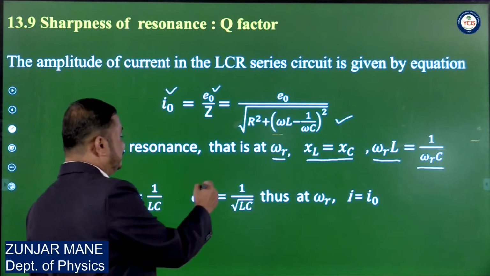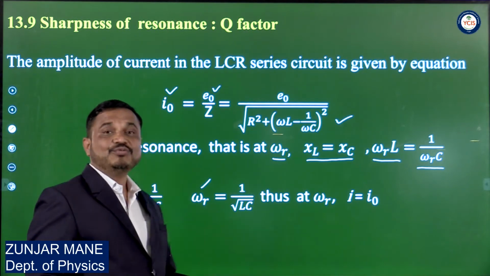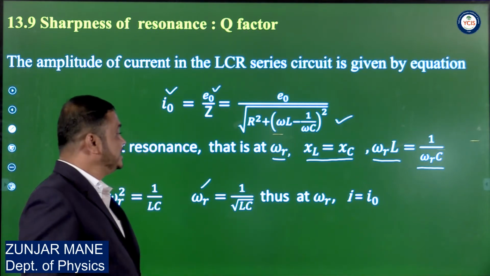If we take the square root, we get omega_r is equal to 1 upon under root LC.